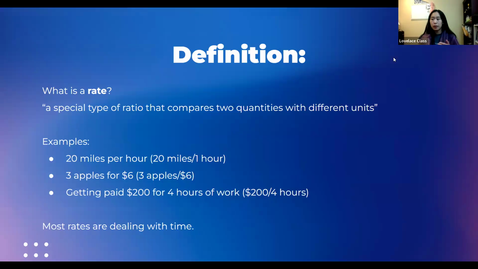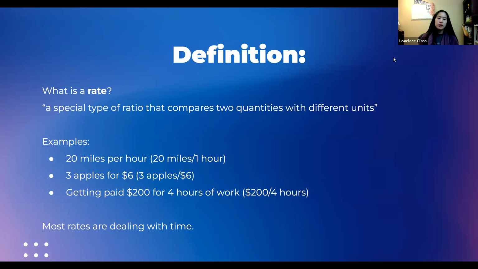For example, when your parents are driving, what speed are they going at? It's measured in miles per hour. It's like 20 miles per 1 hour. So miles per hour is a rate because the two quantities have different units: miles, which measures distance, and hours, which measures time.